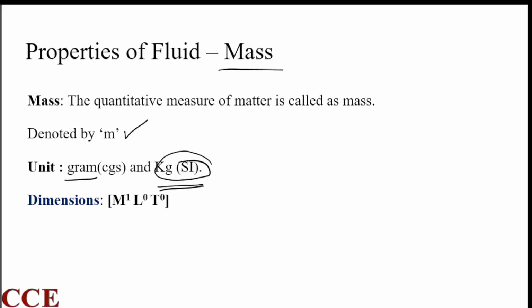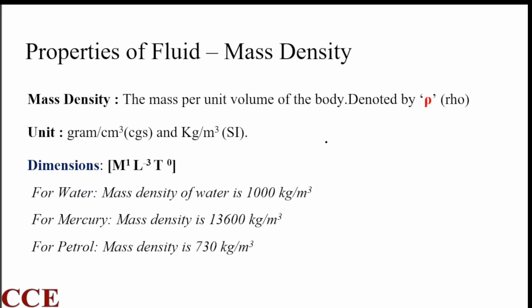Mostly we use kilogram, as we are following the SI system in India. What about the dimensioning? M to the power 1, L to the power 0, and T to the power 0 is the dimensioning of mass.